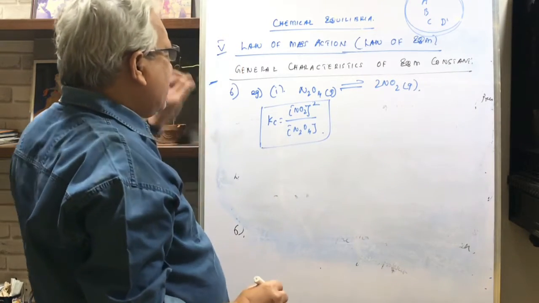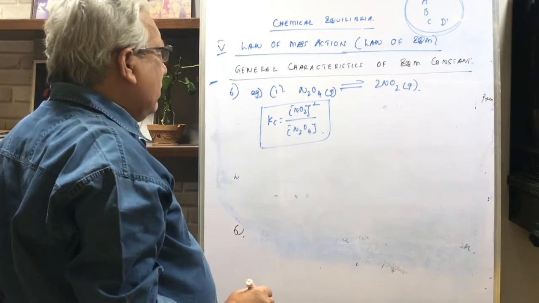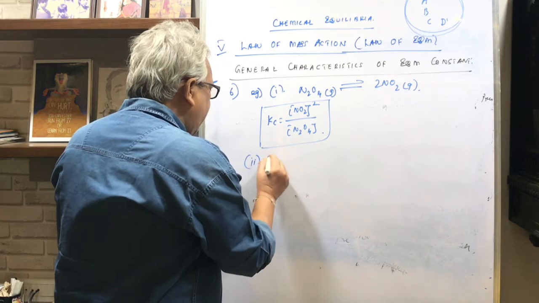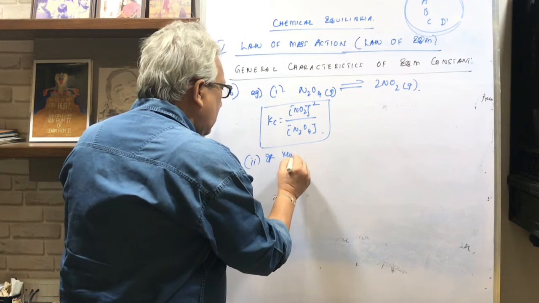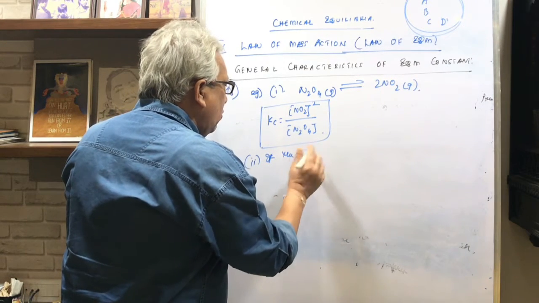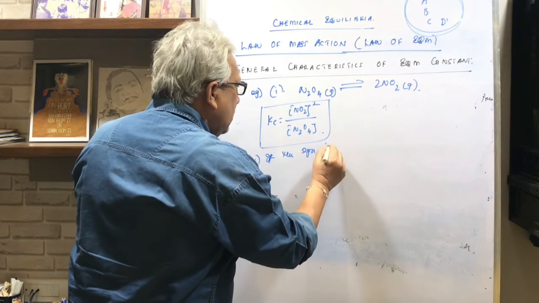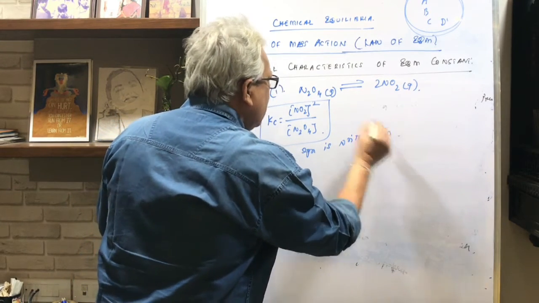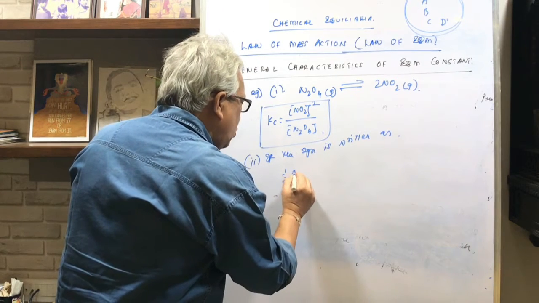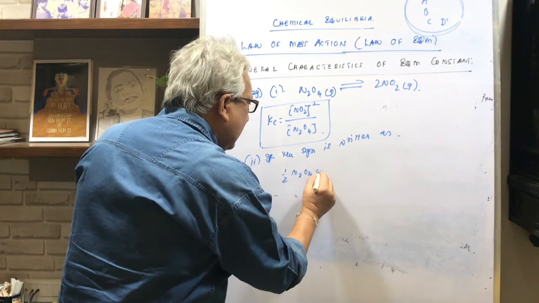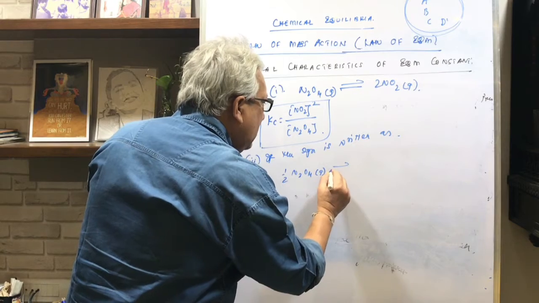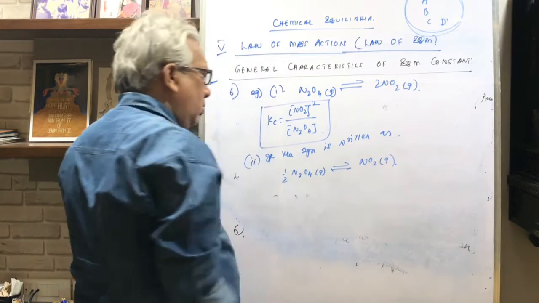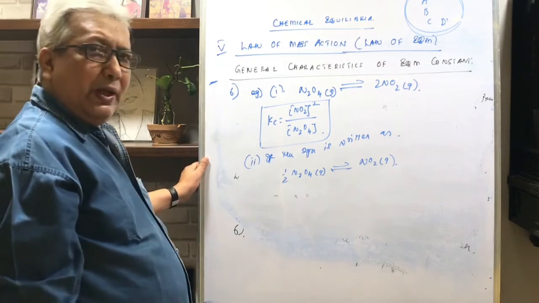But if the same reaction is written in this manner, now number 2, if the equation is written or balanced as, say, half of N2O4 gas is in equilibrium with NO2 gas, in that case what will be the Kc?